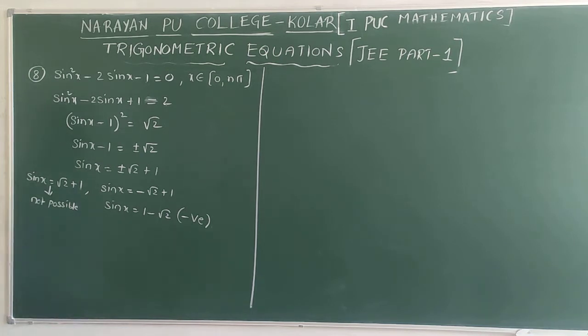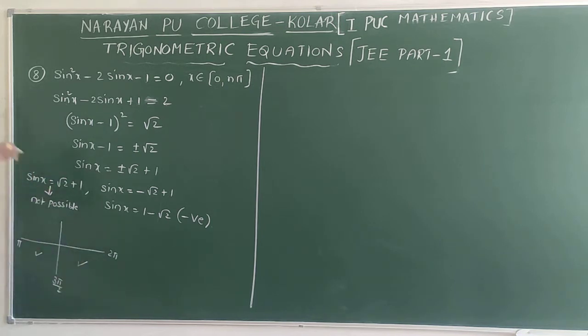When sin is negative, I can take this is pi, this is 3 pi by 2 and this is 2 pi. In the third quadrant sin is negative, in the fourth quadrant sin is negative.